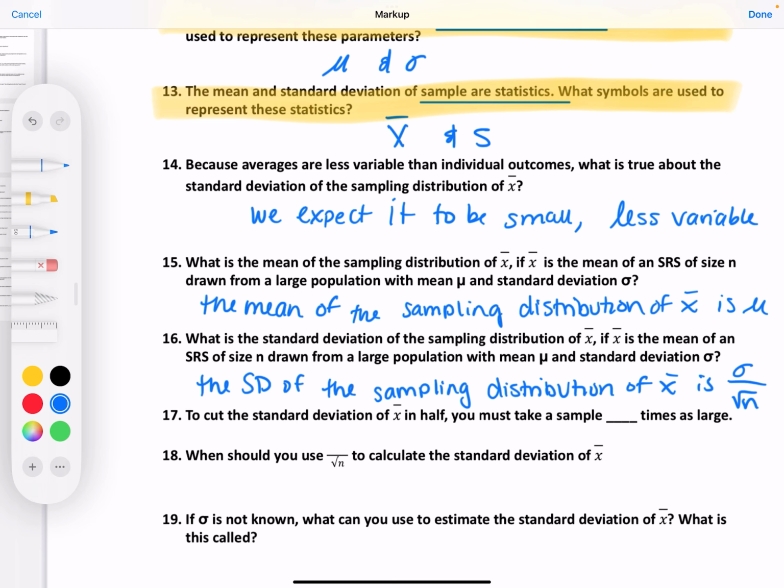I'll make you guess on the next one. To cut the standard deviation of X bar in half, you must take a sample blank times as large. So the sample would be n. So if you want to cut it in half, what would you have to do to the sample size? I'll look at the formula.